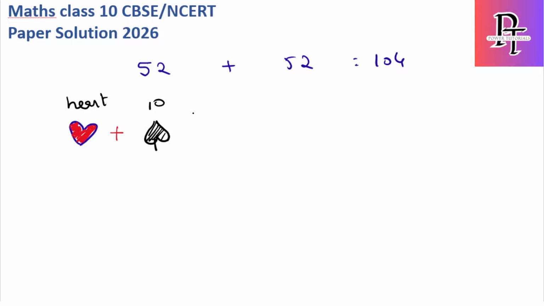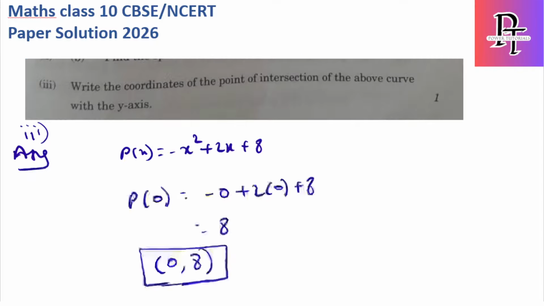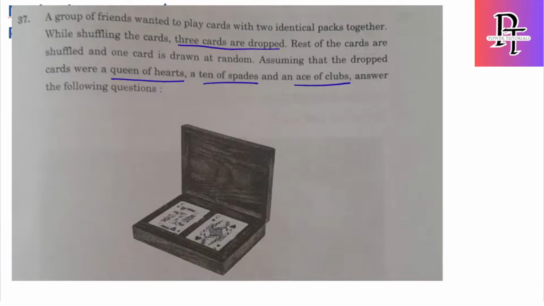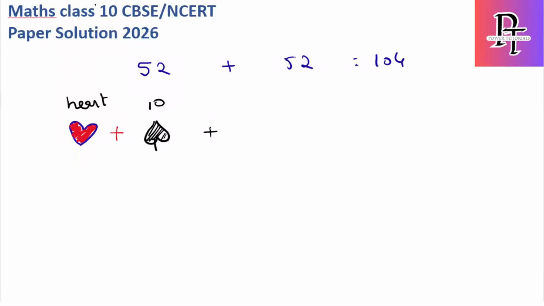And then what is the next one? Ace of Club. The club symbol will be like this. Club is also red in color.